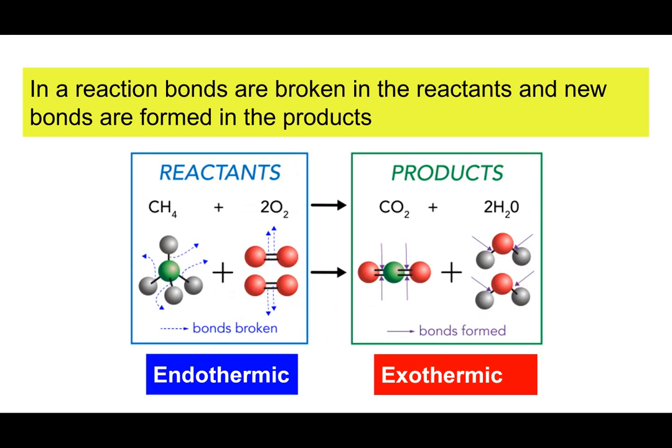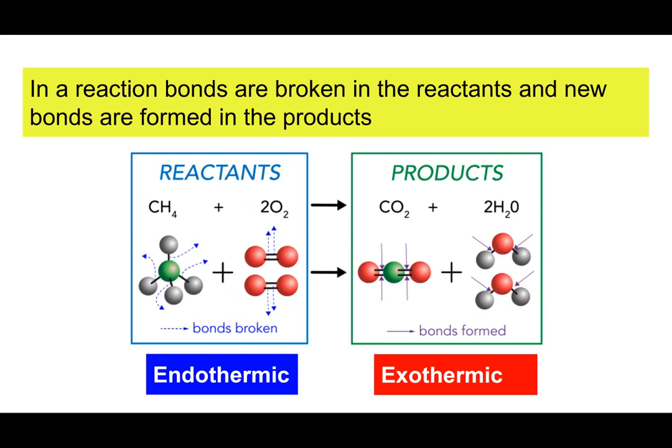Every chemical reaction will have an endothermic part, breaking the bonds in the reactants, and an exothermic part, making the bonds in the products. The thing which makes the reaction overall endothermic or exothermic is just which one's bigger.